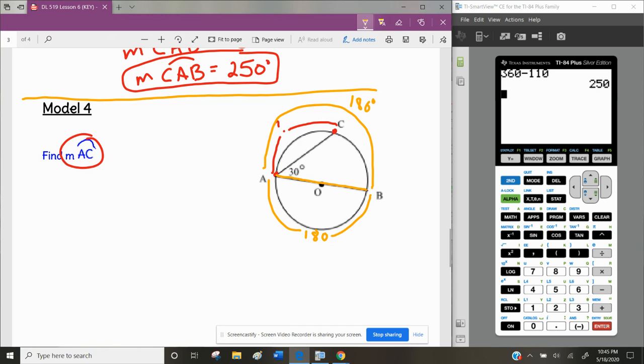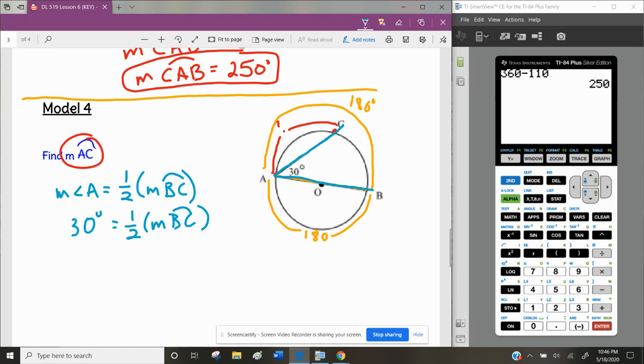So now I have an inscribed angle of 30. And so if I were to double that to get the arc measure, the measure of angle A, the inscribed angle, would be half the measure of the intercepted arc. And so again, we have the angle measure. So to solve for that intercepted arc BC, we would multiply both sides by 2, giving us 60 degrees for the measure of arc BC.